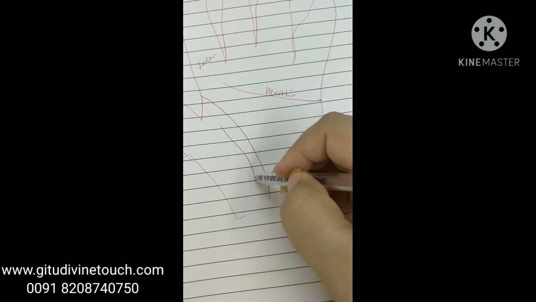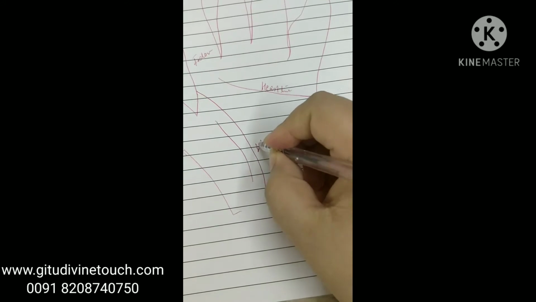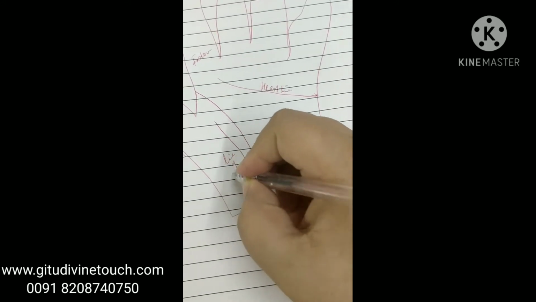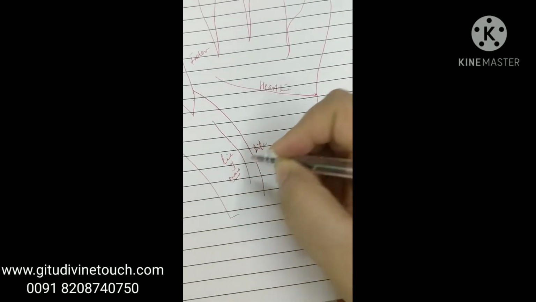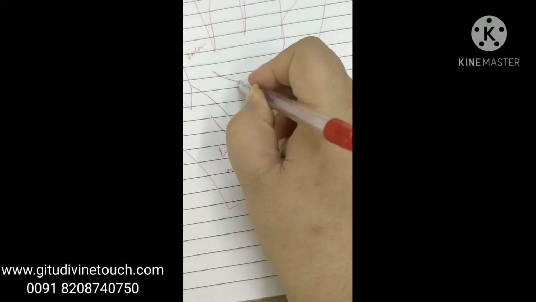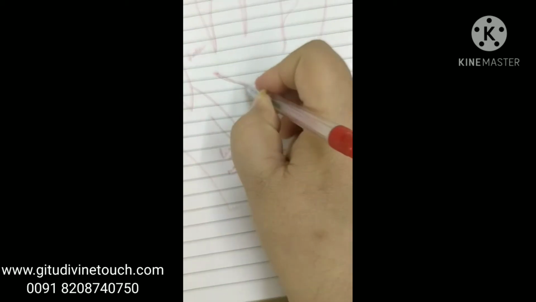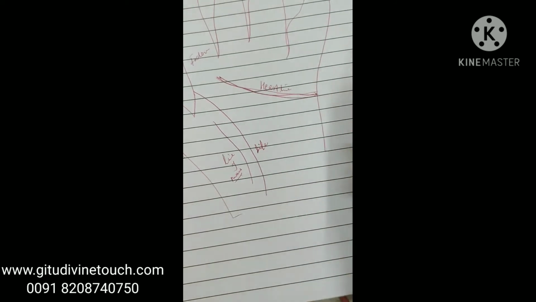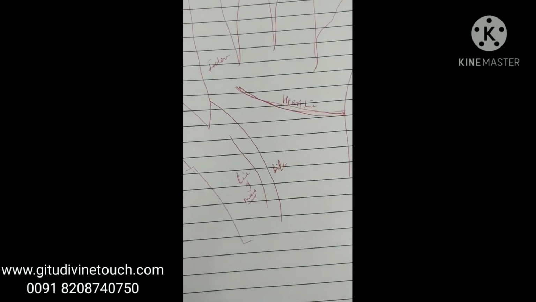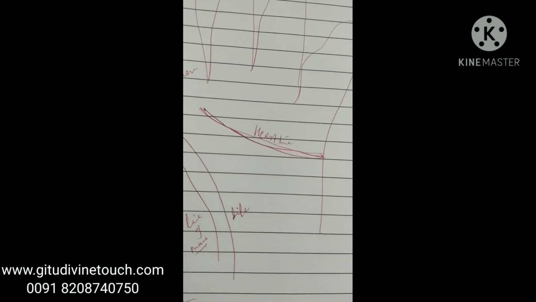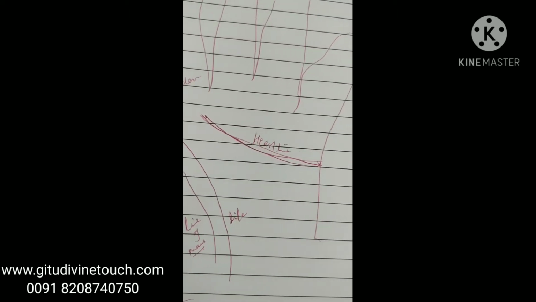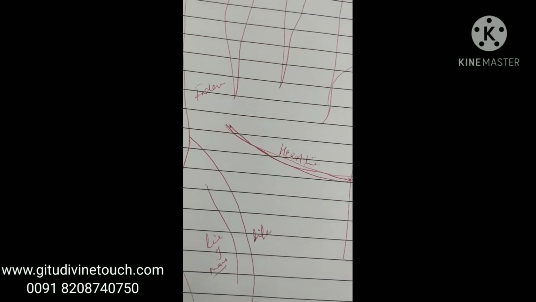Any line below this lifeline becomes line of Mars. So basically, line of heart deals with emotions, sentiments, feelings.